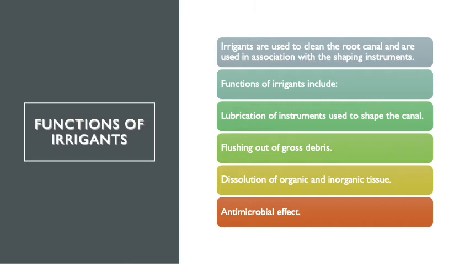Again, flushing out of gross debris, dissolution of organic and inorganic tissue. The organic is mainly the pulpal tissue, inorganic the dentinal debris that resulted from the cutting of the root canal while shaping. And obviously the most important factor is the antimicrobial effect.